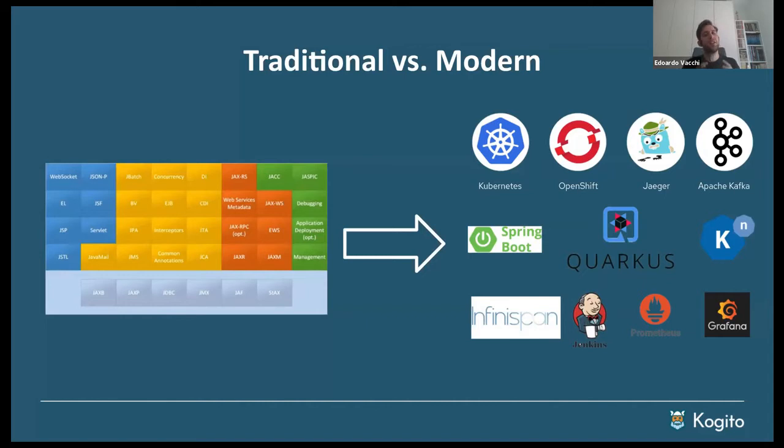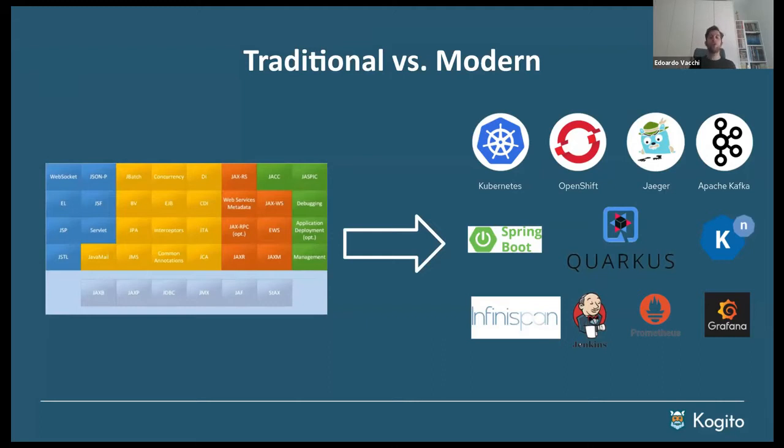This is not so different from what happens in the modern approach to application development. It's just that the application server is not Java specific, and its role is played by Kubernetes or OpenShift, and in general by a container orchestrator.